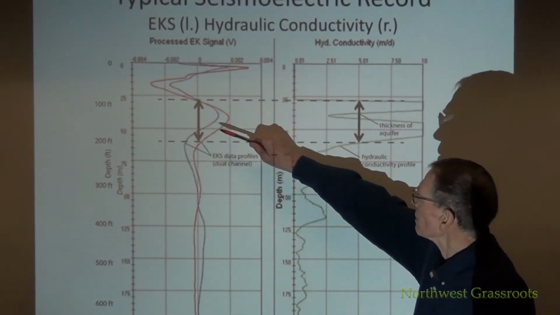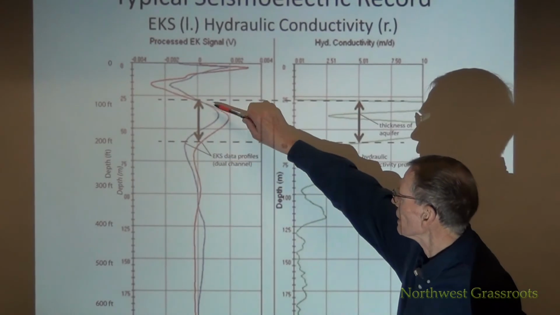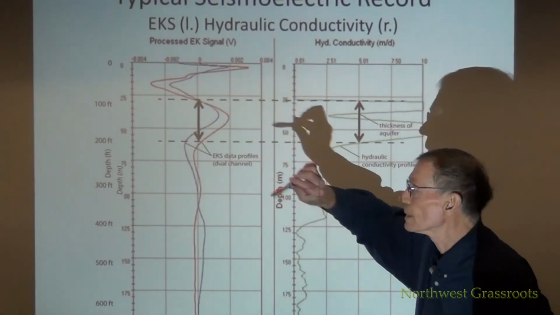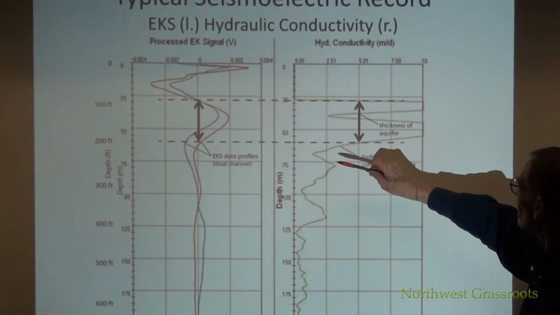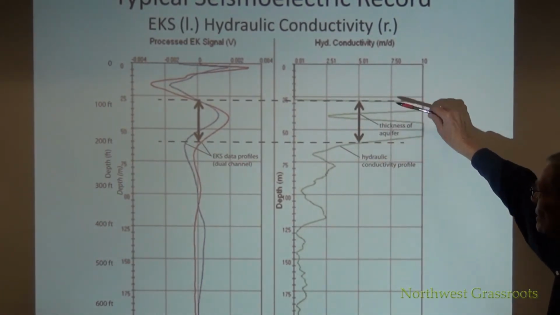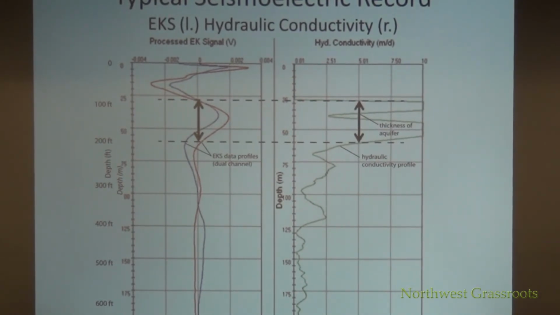We're looking for kind of a bell-shaped curve like this, and so we could say that this is the bottom of the water zone, that's the top. And so we look for confirmation over in the hydraulic conductivity, and in this case they at least show the same information. So one's confirming the other. So we can say there's the water zone.